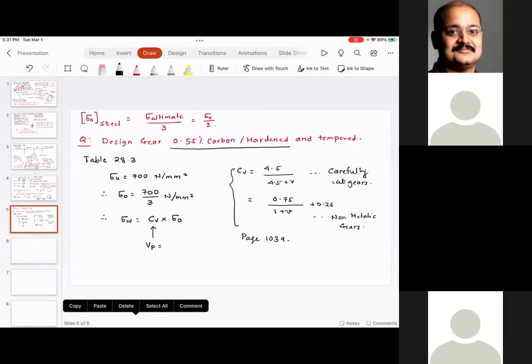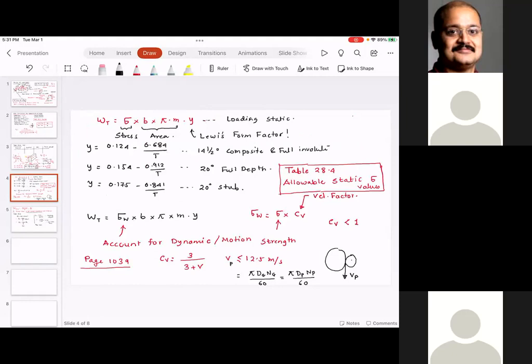This equation becomes simpler because the value of B, okay, I think I need to go back and write this. So B value here is usually 10 to 12 times module. So the face width of the gear is proportional to module.